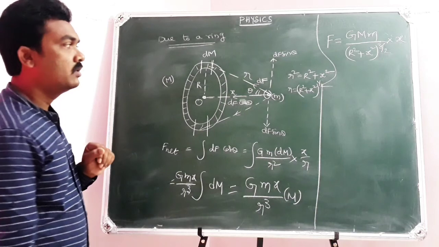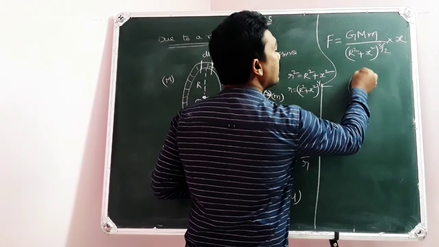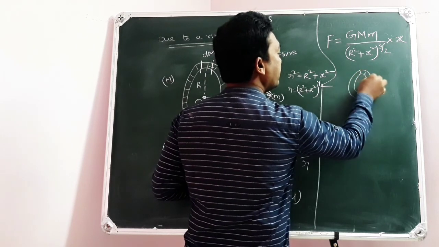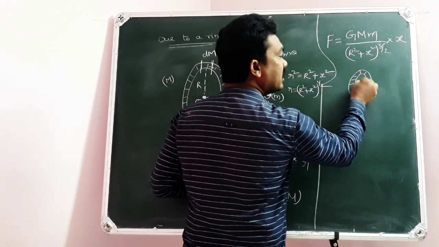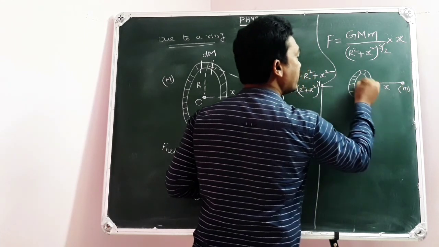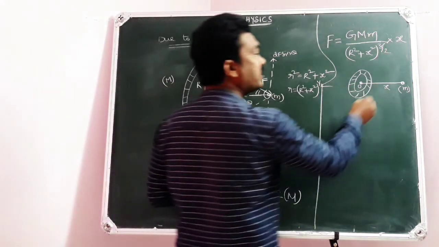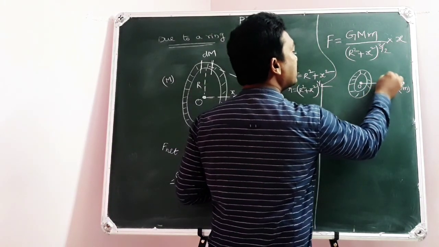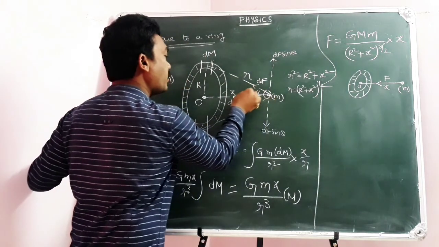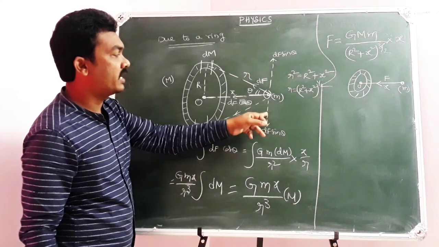I repeat, we have taken a ring of mass M and on the axis of the ring there is a point mass at a distance x from its center. Then the force of gravitation will be towards the center of the ring, because these vertical components will get cancelled.